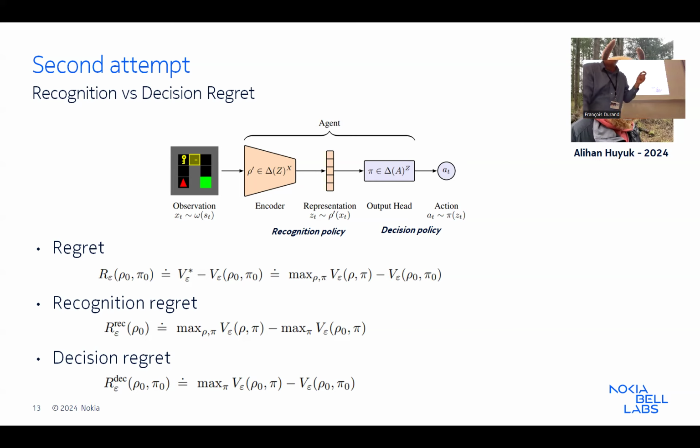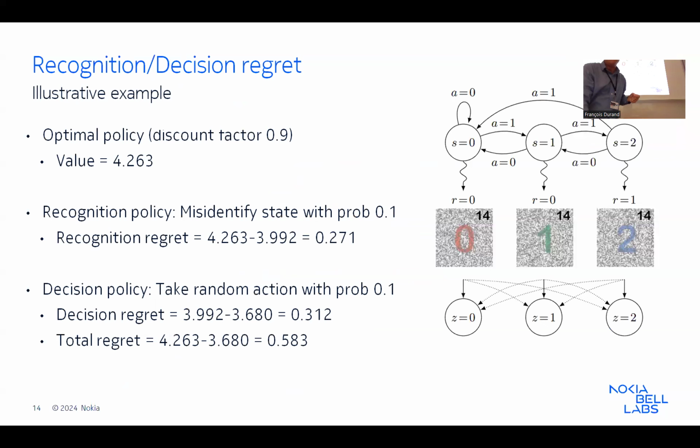Are we recognizing the state badly, or do we recognize it well and just make poor decisions? I think, at least for me, it remains sort of confusing to think about this in the abstract. So let's talk about it a little bit with an example.